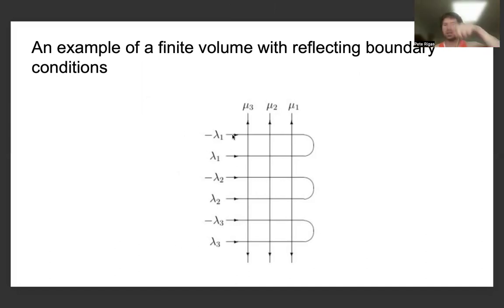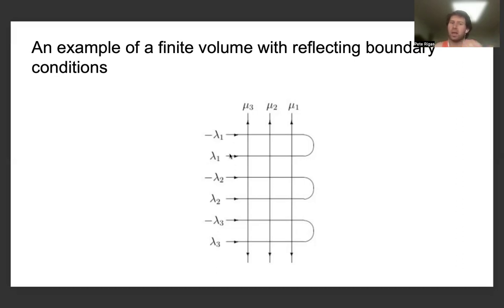And if we look at these lines that are going up and down, they're given by specifying spectral parameters mu1, mu2, and mu3. Whereas for the other types of spectral parameters, lambda1, lambda2, and lambda3, they can enforce reflecting boundary conditions because one orientation of the boundary that's pointing inwards is given by lambda I. But the thing is that as the path travels around, if it were to reach the position of the minus lambda I that's given here, it would actually have an opposite orientation.